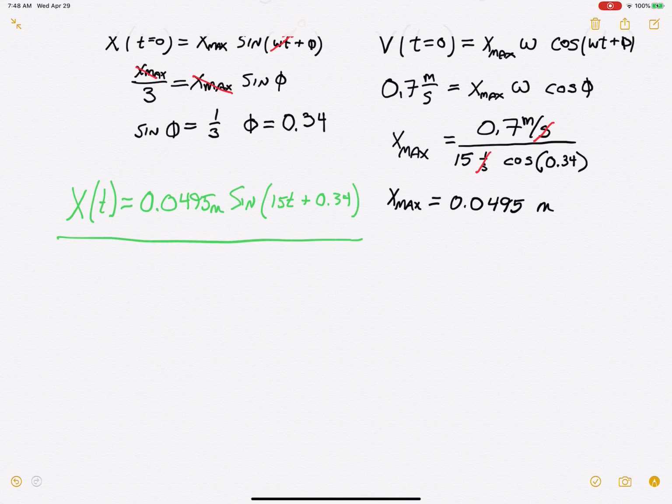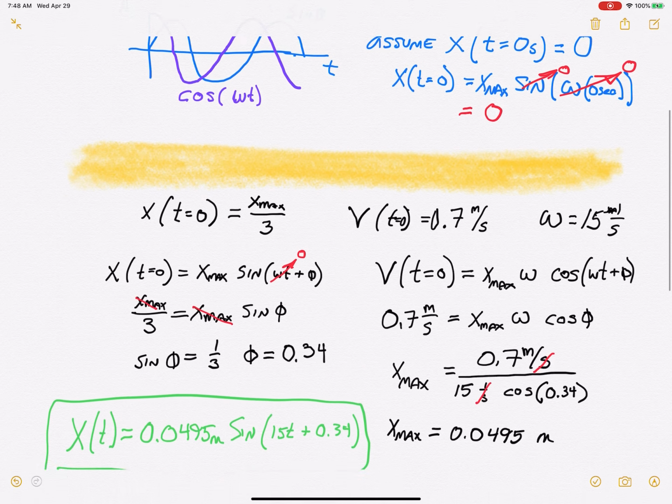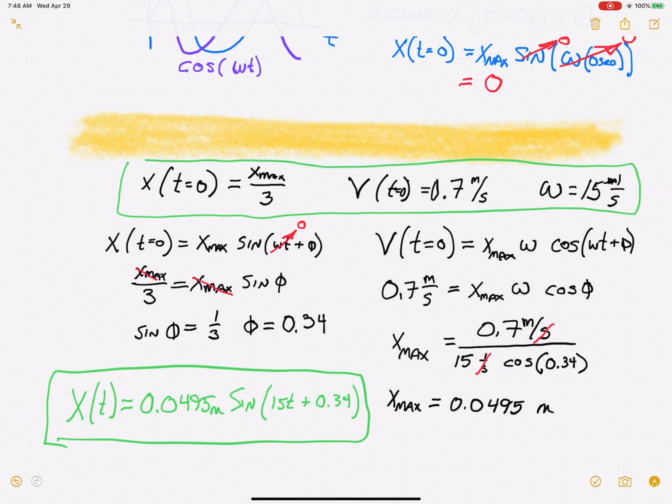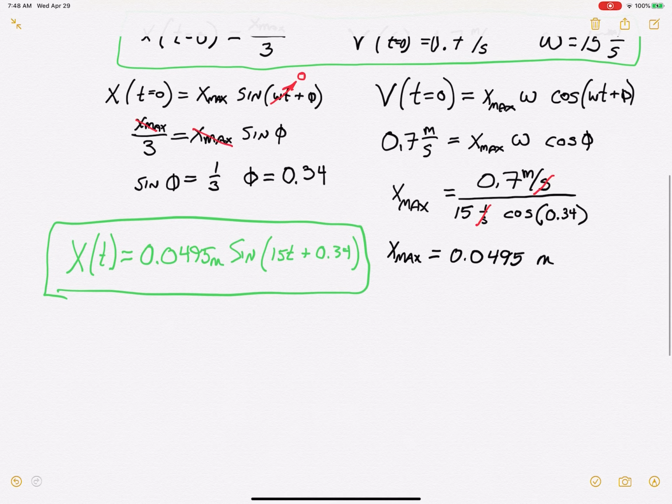And this is the final answer that describes the system we set up with these equations. It's only valid for this exact set of equations, with that omega, with that velocity at time equals 0, and that value for x max. So that's our final answer.